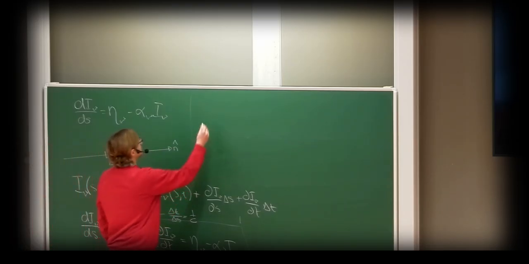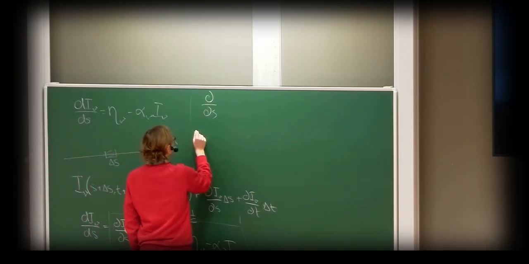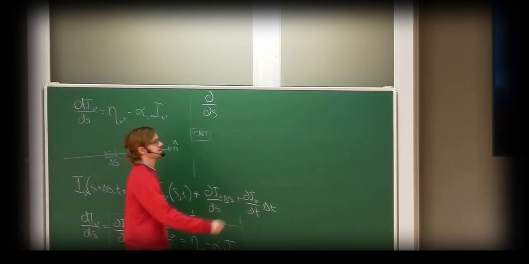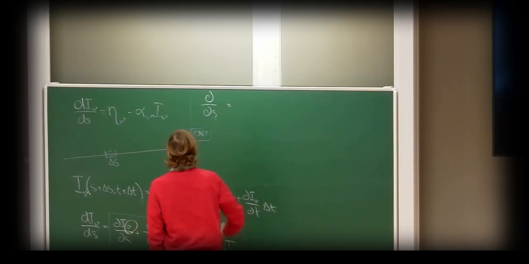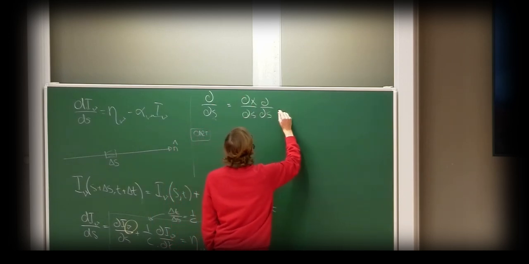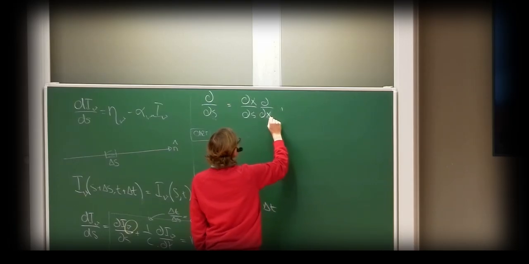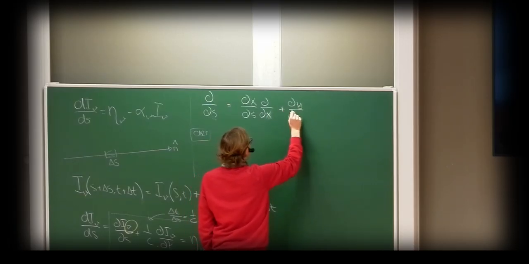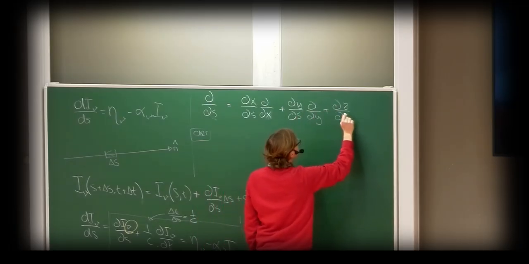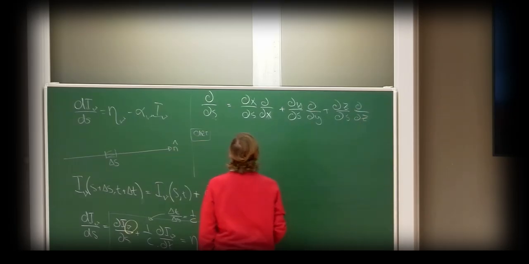Okay. So first we can look at, we're going to put some coordinates to this. So we're going to look at it from a Cartesian coordinate system. And what is then d/ds? Well, it's dx/ds d/dx plus dy/ds d/dy plus dz/ds d/dz, okay?